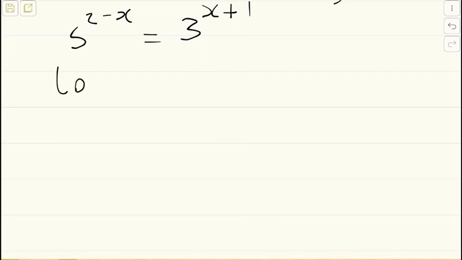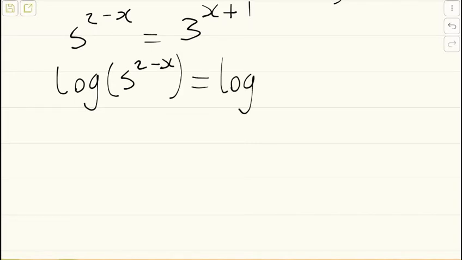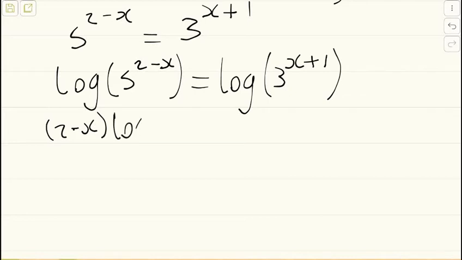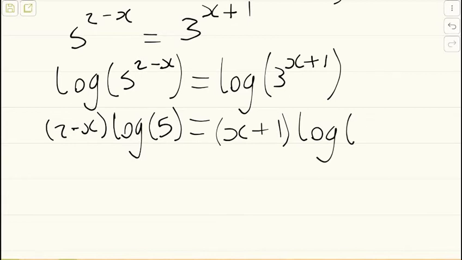I have log of 5 to the power of 2 minus x equals log of 3 to the power of x plus 1. Using the power laws, I get 2 minus x multiplied by log of 5, and that equals x plus 1 multiplied by log of 3.